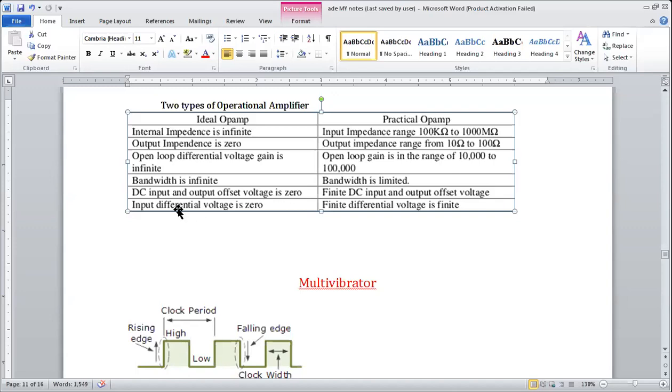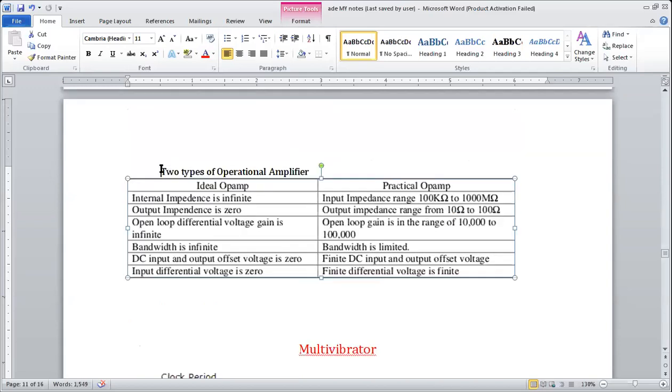And input differential voltage is zero ideally, and finite practically. There will be a little voltage present at the differential input. These are the two types of operational amplifiers: ideal op amp and practical op amp.